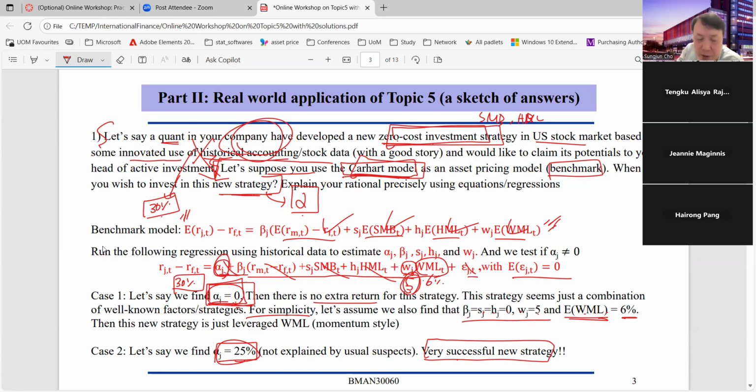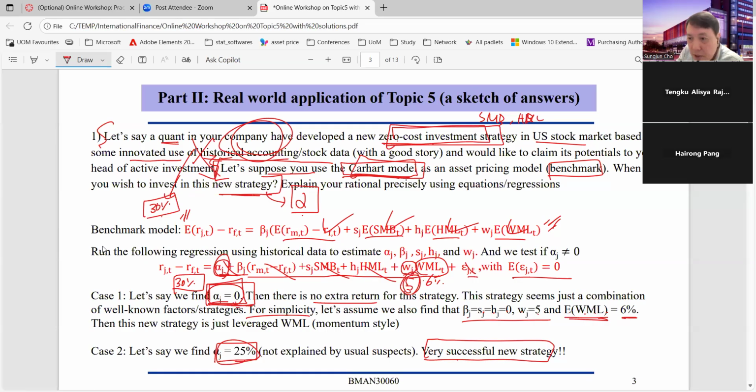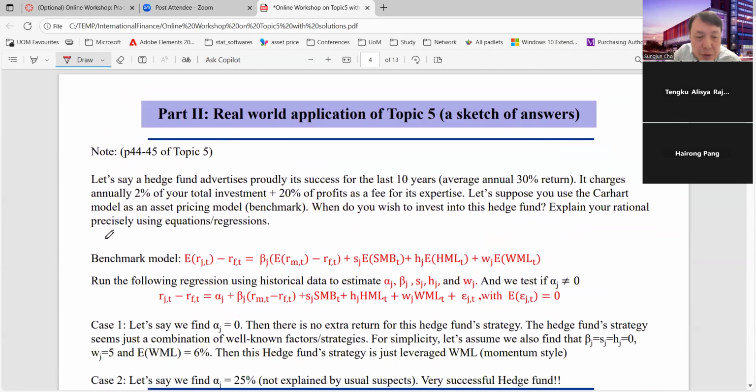What I'm trying to say is that you need to set, this is too difficult, you need to set what should be the benchmark model. So if I get this kind of question in the exam, you have to start by selecting your benchmark model very carefully. We talked about a similar case during the lecture.